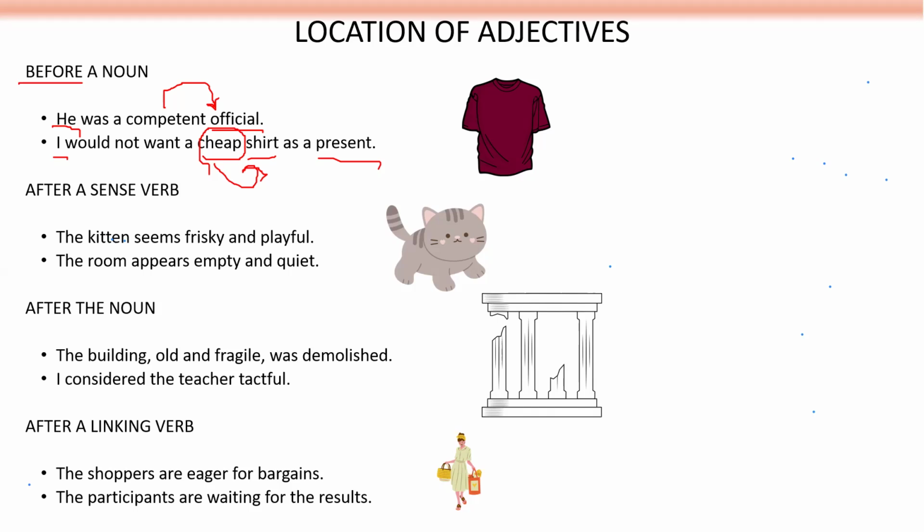Okay, so next we have sense verbs. The adjective is located after a sense verb. But first of all, what is a sense verb? Those are verbs that talk about our senses. What are the 5 senses?